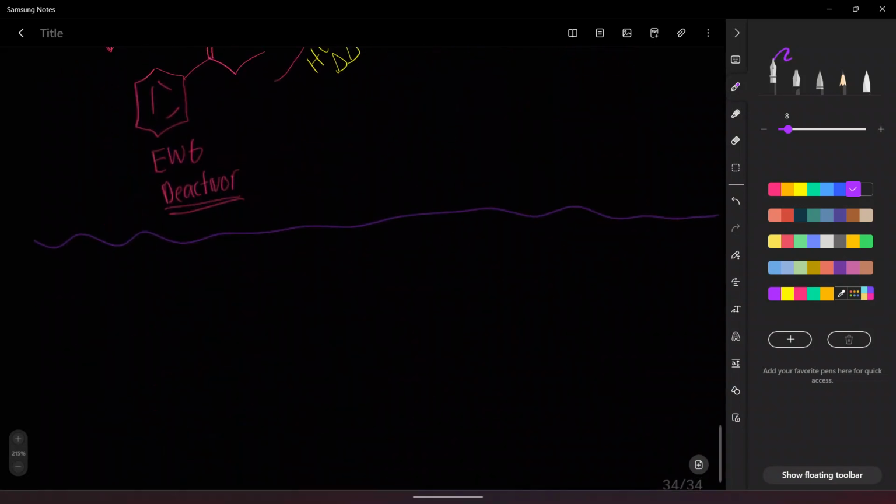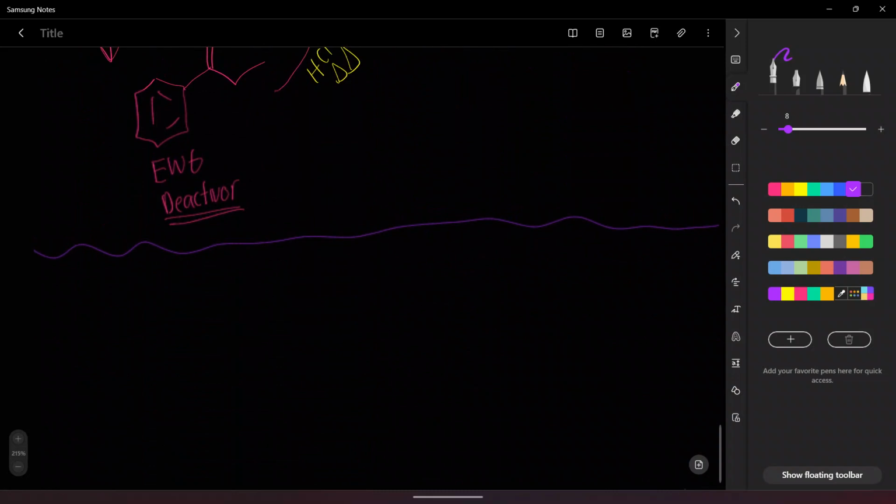Okay, so let's talk about another potential downside, but it's not really a downside. It just looks like it might be. Okay, so what if you have competing directing effects? Okay.